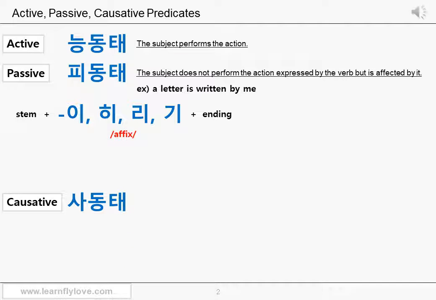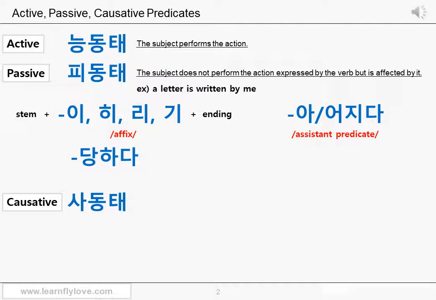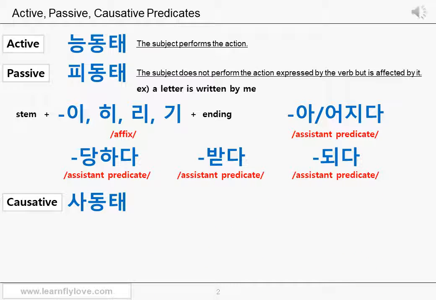Or sometimes you add 아지다 or 어지다 to the stem. It's an assistant predicate. Or sometimes you add 당하다 to the stem of certain verbs. Or sometimes add 받다. Or sometimes you add 되다.